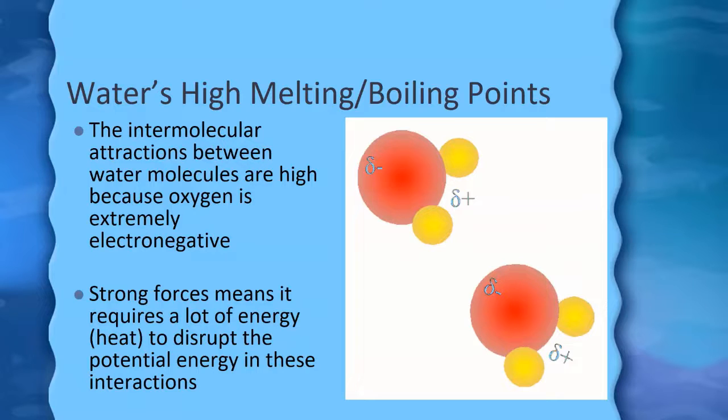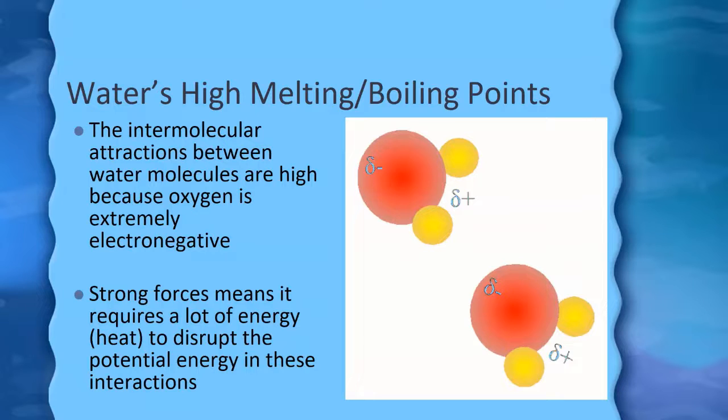For example, because they have super strong intermolecular attractions, that means that it's very difficult to disrupt the solid water and get it to flow because there's a strong force holding it together as a solid. And that means that the melting point is very high. And then it takes a lot of energy to disrupt those potential energies. So the enthalpy of fusion is pretty high.